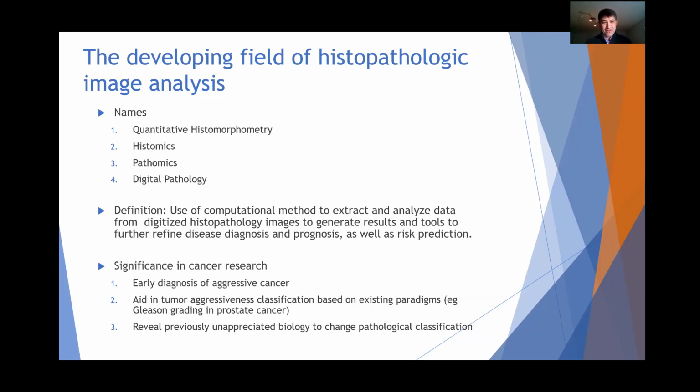Some people call it quantitative histomorphometry, some histomics, pathomics, digital pathology, but really it's the use of computational methods to extract and analyze data from digitized histopathology images to generate results and tools to further refine disease diagnosis, prognosis, as well as prediction.